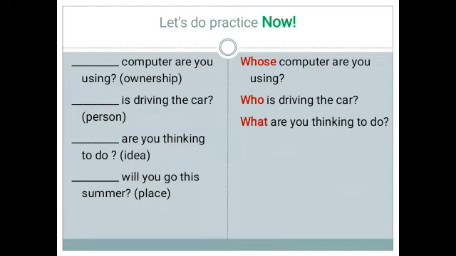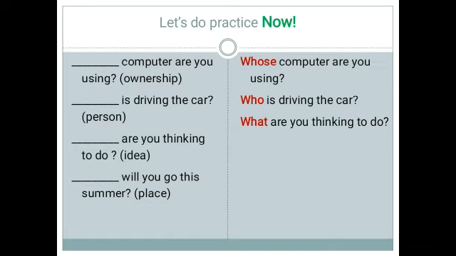The next answer is, what are you thinking to do? As we got to know, for an idea or an action or any concept, we use what. That is why we have put what here. What are you thinking to do?